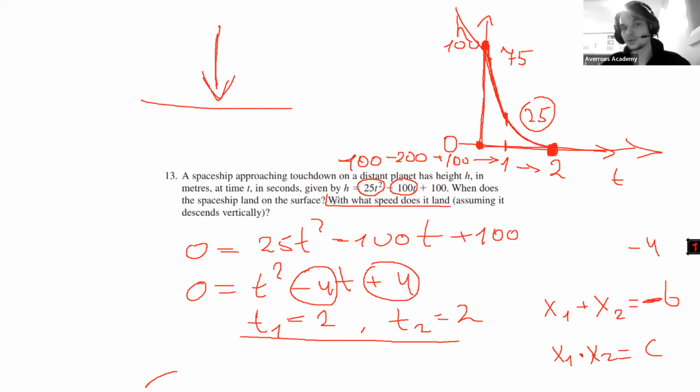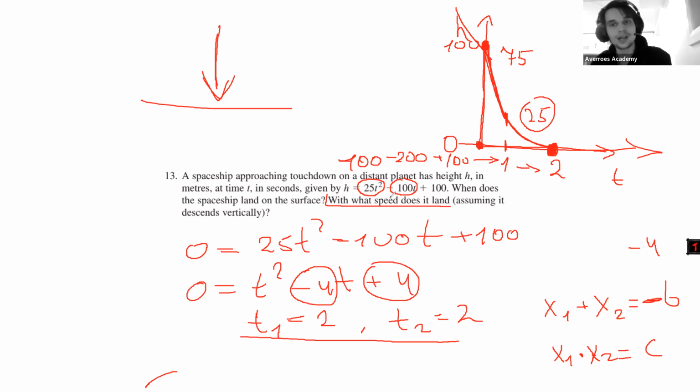So this question you can understand in 2 ways. What is the average speed of descending, or what would be the speed in the moment of time when the spaceship touches the ground.